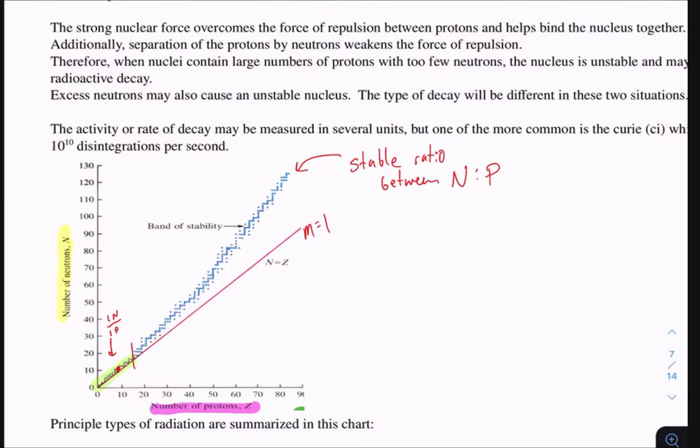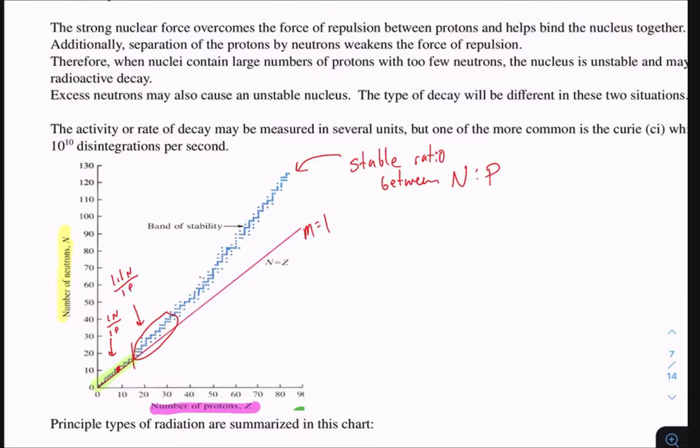But notice how that band starts to peel upward, and its slope now starts to become greater than 1. So now we have an area here where the slope would be 1.1 neutrons for every 1 proton.